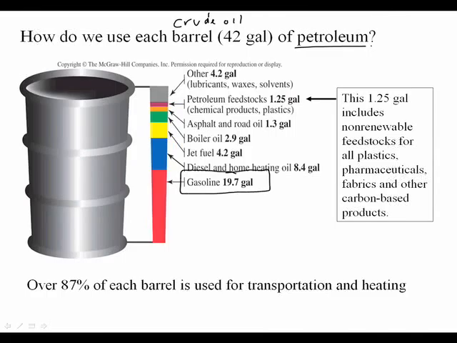Almost half. And then much of the other is used for fuel oil, jet fuel, heating, boilers, and then a small amount is used for feedstocks that the chemists would like to get hold of. 80%, 90% of each barrel is just burned for no good reason other than the change in volume from going from, for example, gasoline to CO2 and water.